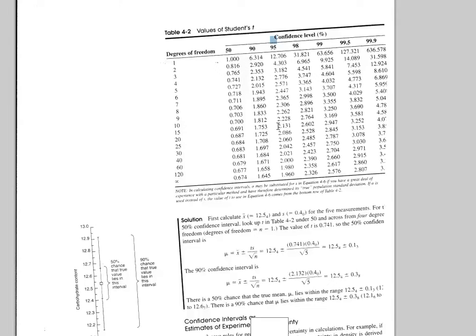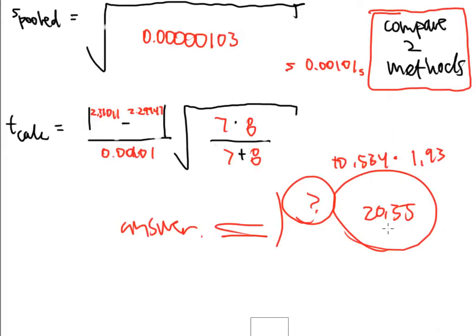But look how small these numbers are. 2.131 for 15. Right? This is 20.35. Nowhere even near 2's. I don't even need a full chart for that. I don't need to find 14 because I know 14 and 15 and 16, they're all going to be really close together.